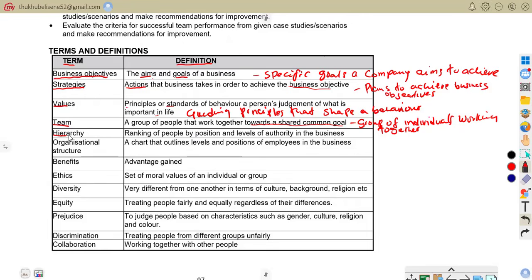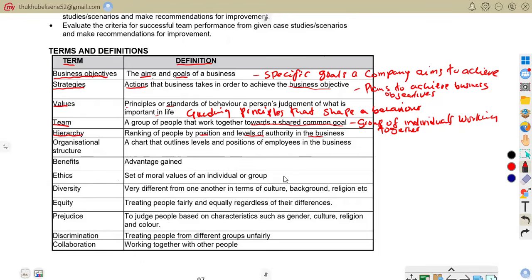Now we are coming to hierarchy. These are the terms that we're going to talk about throughout this Chapter 14, so it's very important that you know the terminology that you're going to come across in this chapter. Hierarchy is the ranking of people by position and levels of authority in the business.